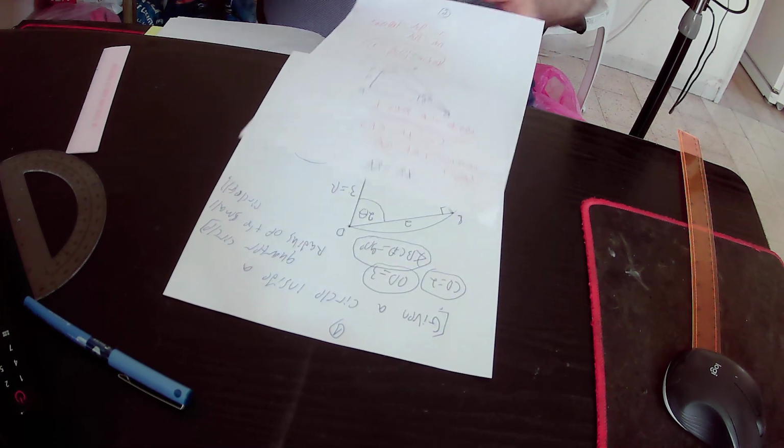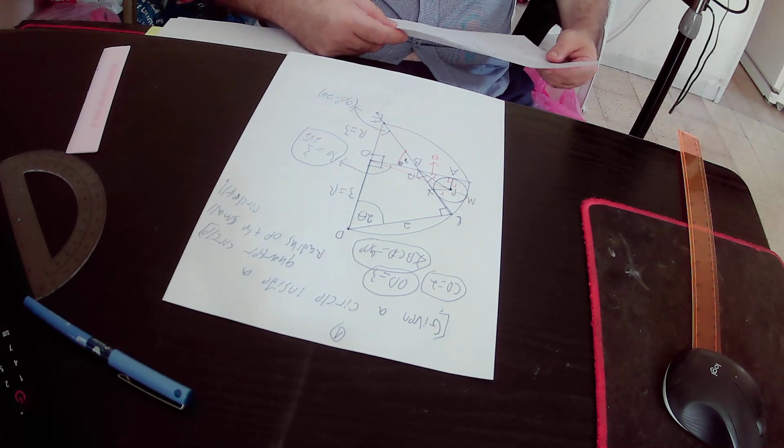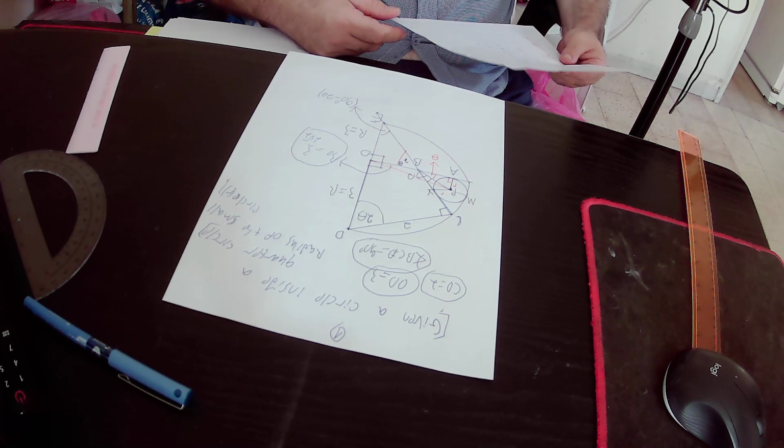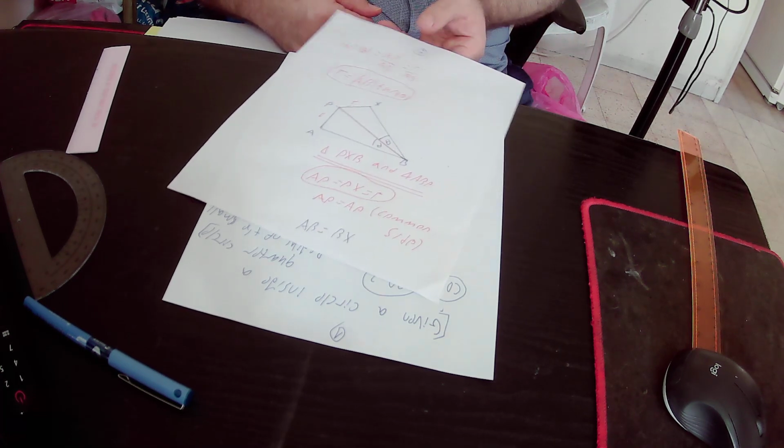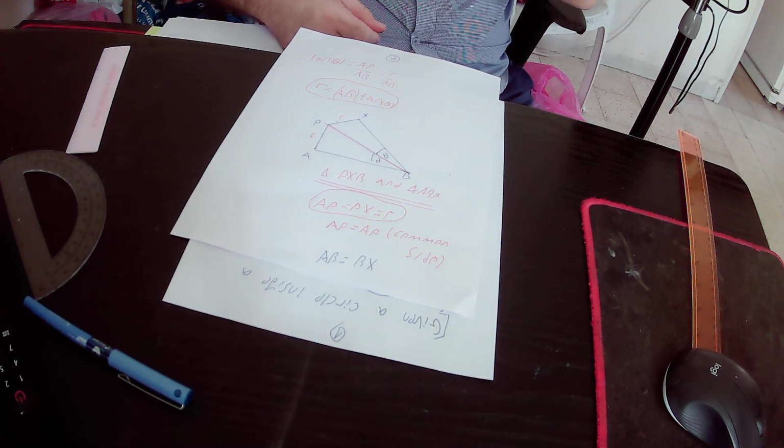Okay, then we proved that triangle PXB is congruent to triangle APB according to the side rule.